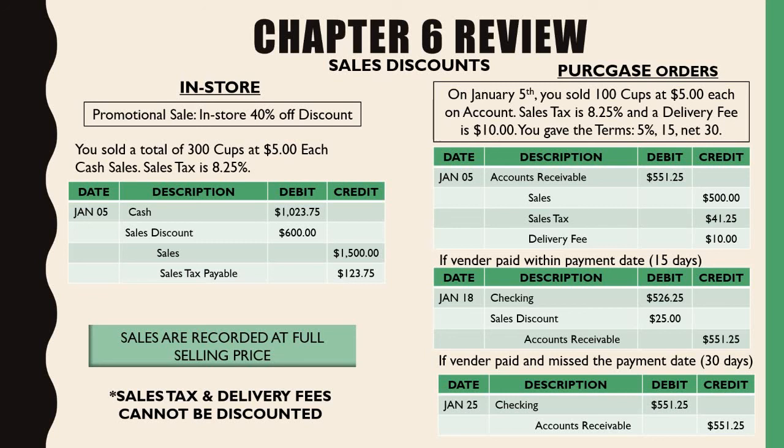The terms give your customers an incentive to give you back their money quicker. In most cases, people that have accounts are the ones that are most likely given terms. So we record the sale first, and the condition is that if they make a payment, then we determine whether they get the discount or not. Okay?